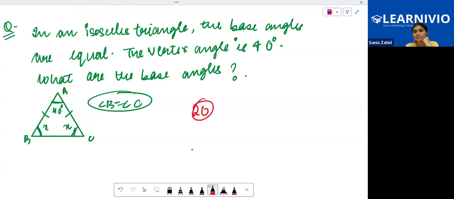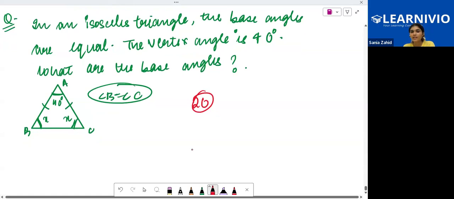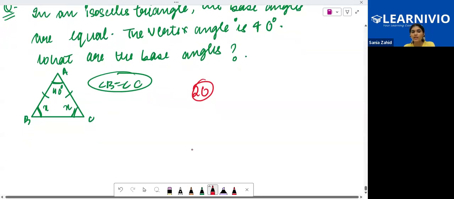Yes, ma'am. I cannot understand, this 180 is used for isosceles also? Okay, what we have to do is, we have been given one angle is 40 degrees and the other two are x and x. So we have to find this x angle. We can use the angle sum property.